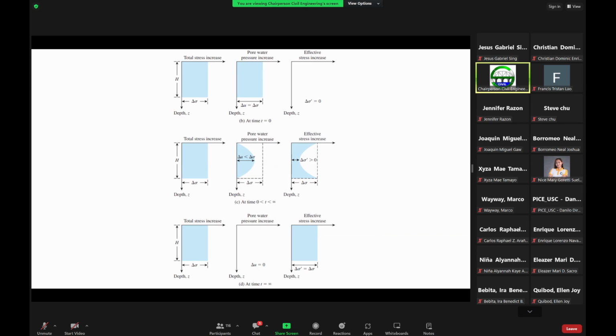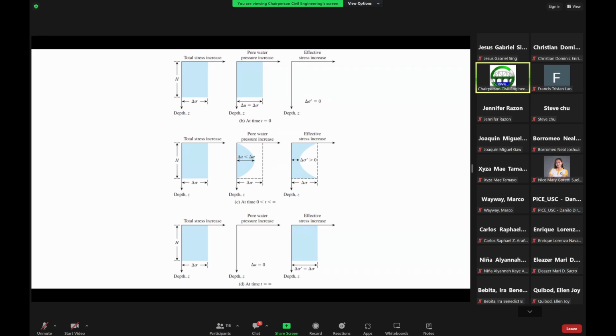That means water is slowly being expelled from the soil matrix, and the load is slowly being transferred to the clay particles, in such a way that the effective stress will start to increase.